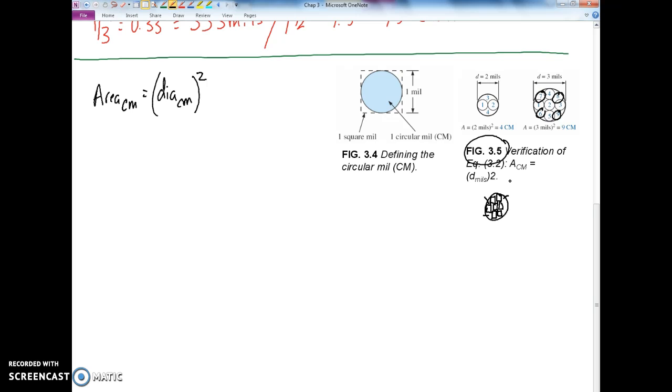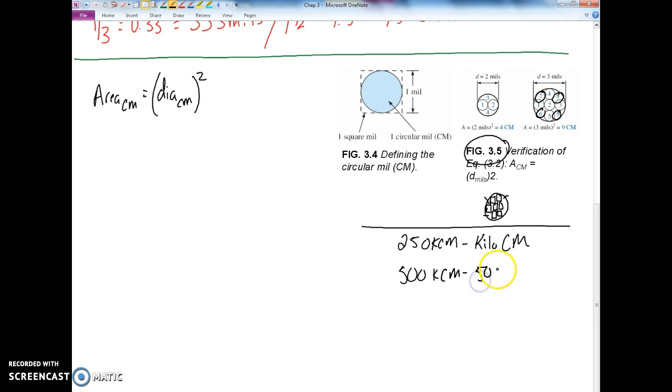But nonetheless, whether you agree with that or not, we are stuck with having to consider circular mils, because in the power field we literally have conductors, for example, 250 kcm, which stands for kilo circular mils, and 500 kcm, being 500 kilo, or 500,000 circular mils.